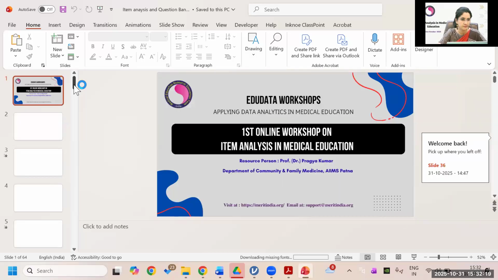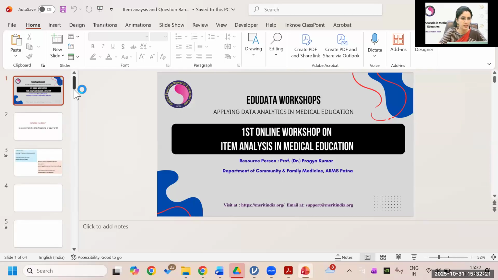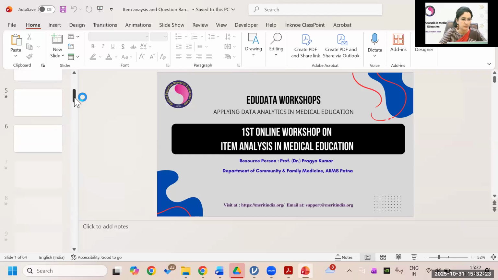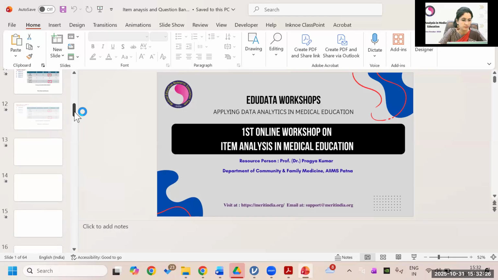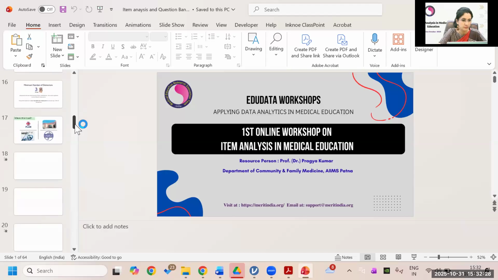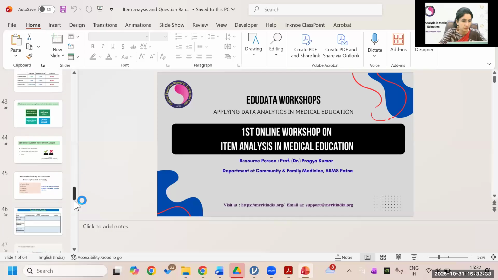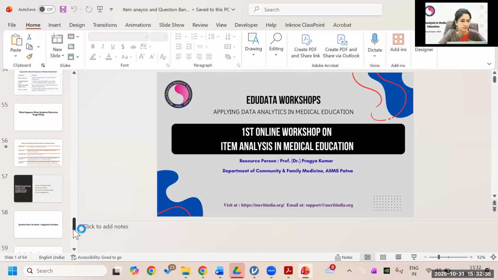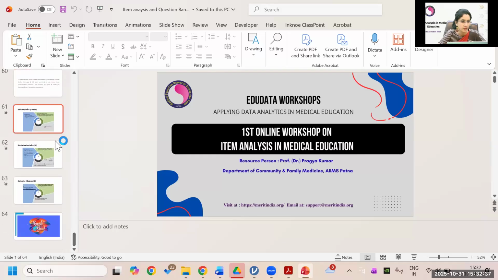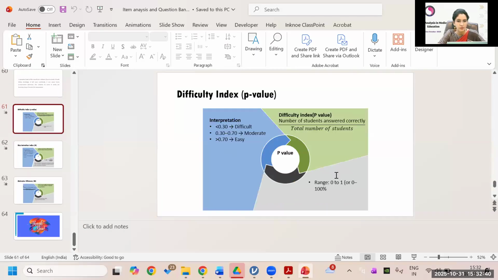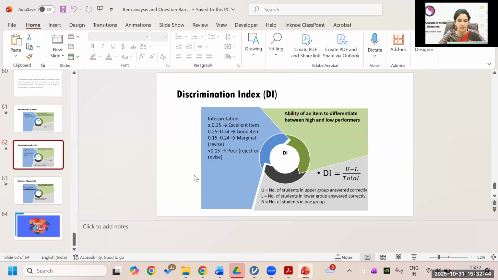So we generally take difficulty as 0.3 to 0.7. For discrimination, it should be more than 0.2. You can say more than 0.25.